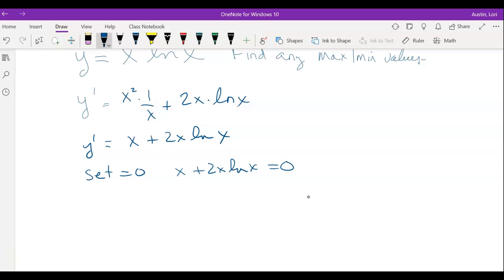What's your instinct tell you? Anybody want to try? What does your instinct tell you to try doing? The problem is if you factor an x out, you can't get x by itself, right? Because you still have the ln x. x is already all on one side of an equation, right?